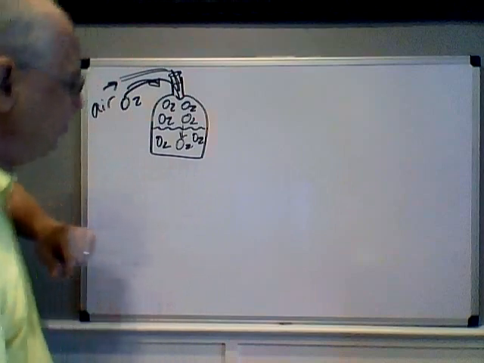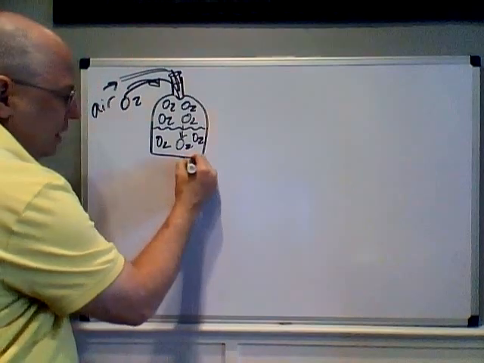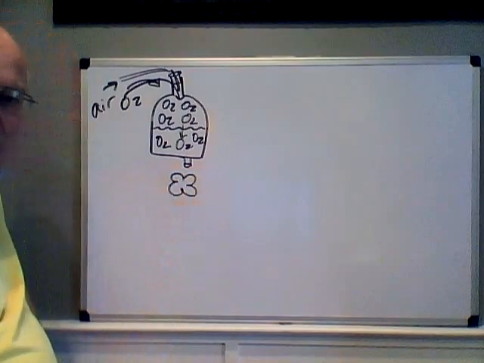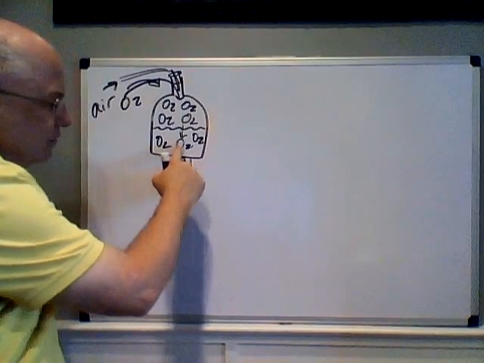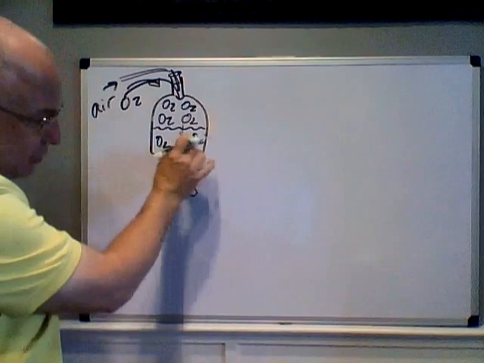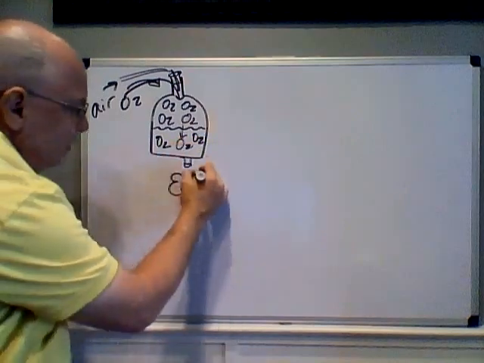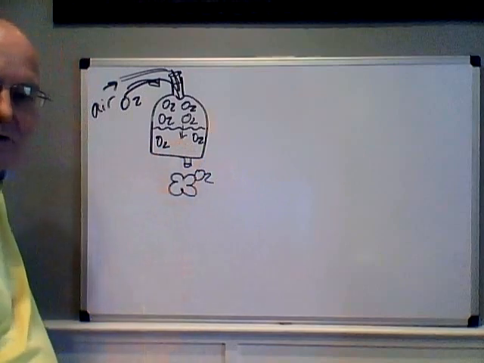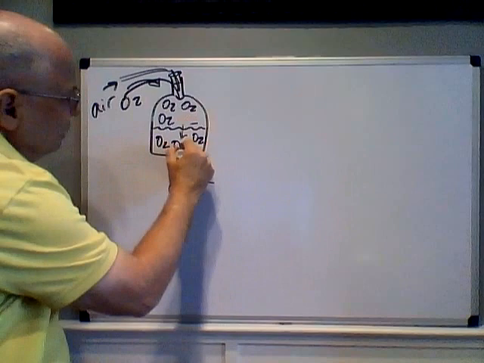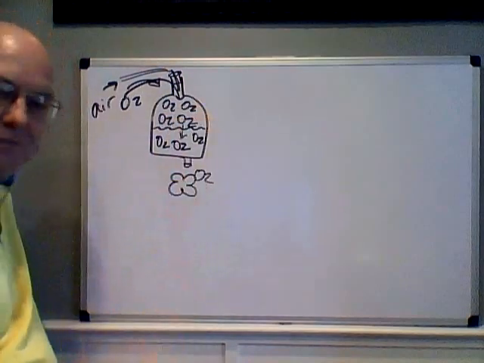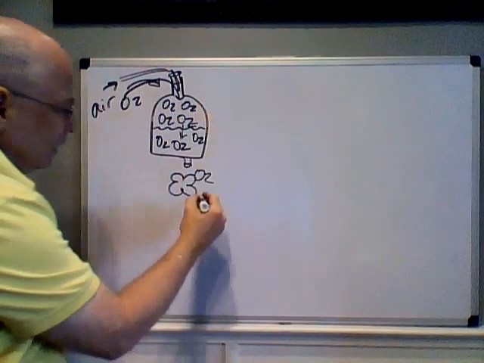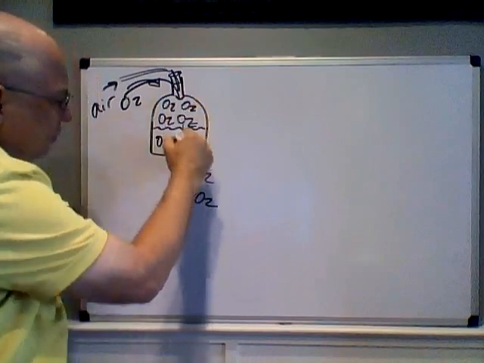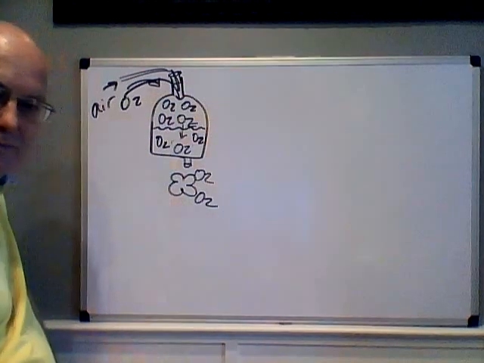Now, what would happen if somehow, some way, I had some little mysterious thing here that could bind up some oxygen? Let's say I create a device that can pull the oxygen out, without losing fluid, and stick an oxygen molecule on here. Every time I pull an oxygen molecule out of here, one of these falls in, another one replaces it. Now, if this binds up another oxygen, then another one falls in, and then we replace it.